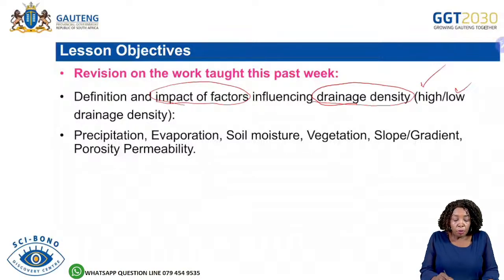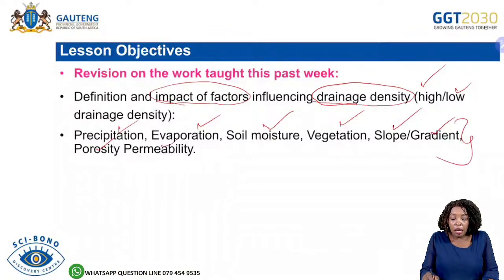Right. Also, boys and girls, in our lesson we are looking at the revision of concepts such as precipitation, evaporation, looking at the soil moisture, the vegetation, the influence of slope, or you can say gradient, and then we're also going to look at how these influence the drainage density, which is porosity and permeability.